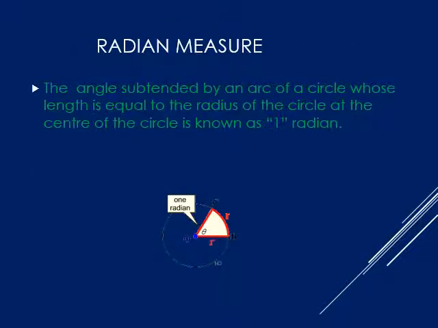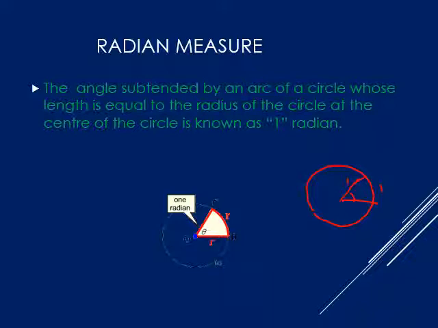Now, radian measure. Radian measure is the angle subtended at the center of a circle by an arc whose length is equal to the radius of the circle. That means, as I told yesterday, take a unit circle, one radius, and the arc length is also 1. Then the angle subtended at the center is called 1 radian.